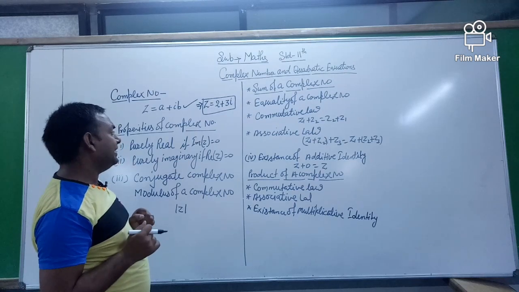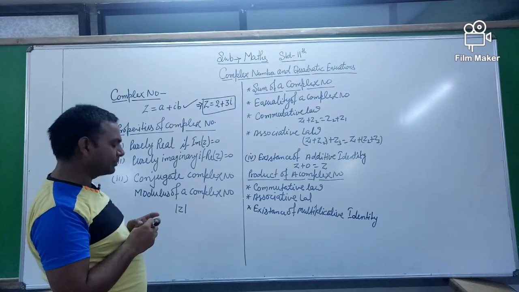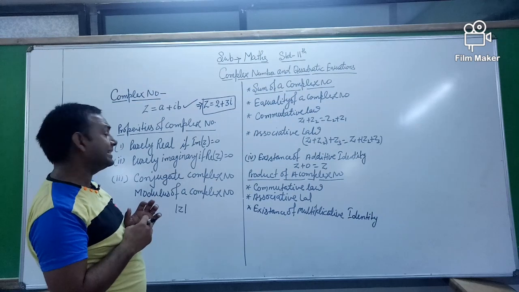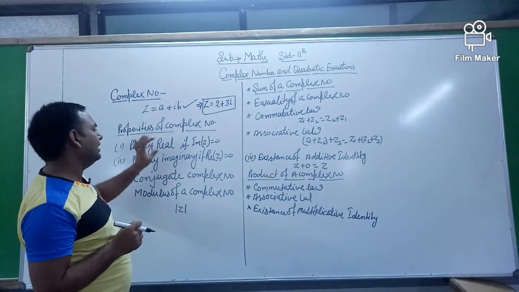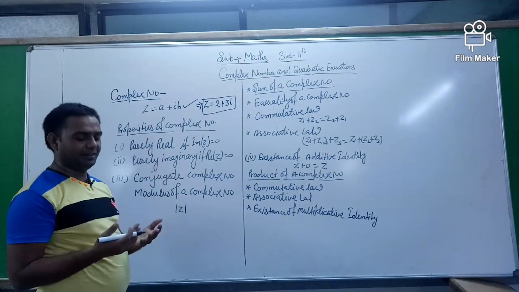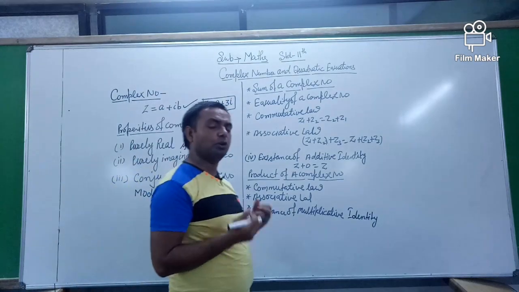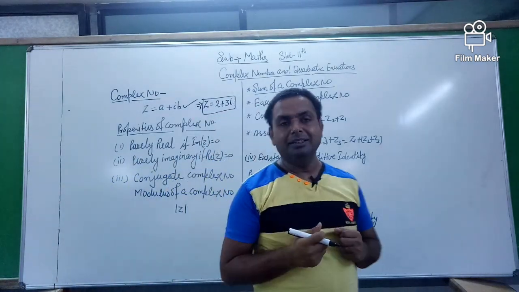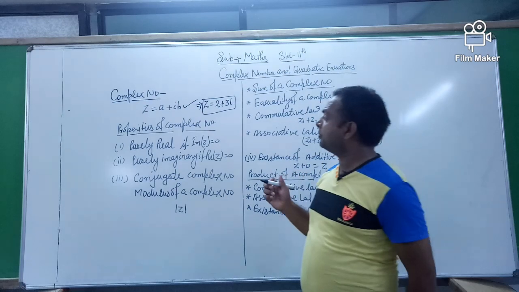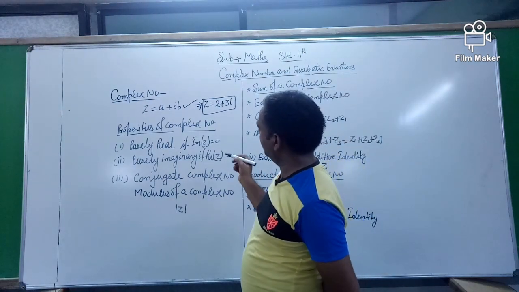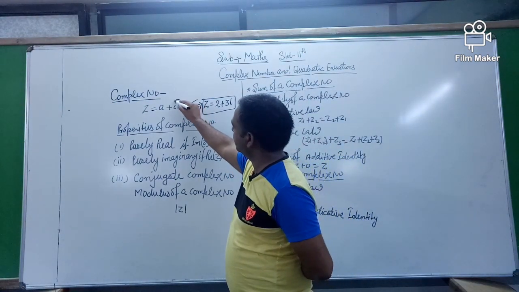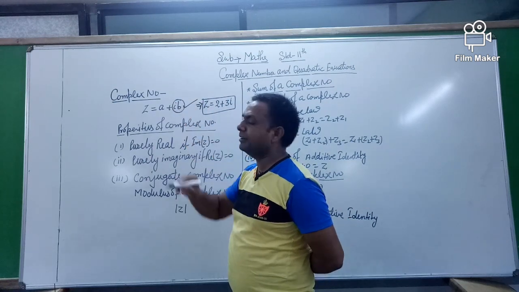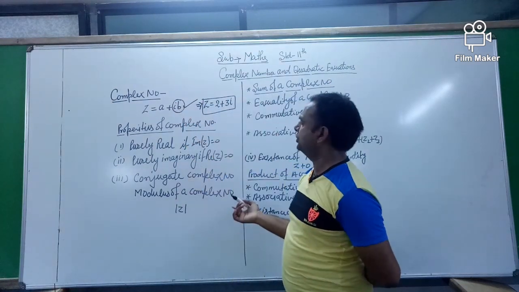Now here are some properties of the complex number. The first property is purely real. When a complex number is purely real, the imaginary part, that is b, is equal to 0.